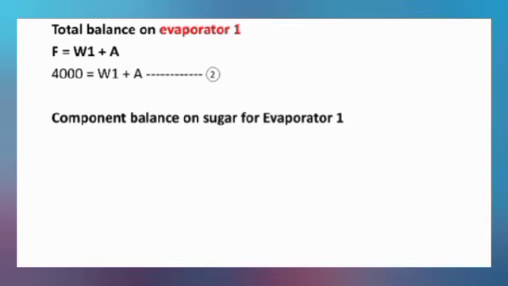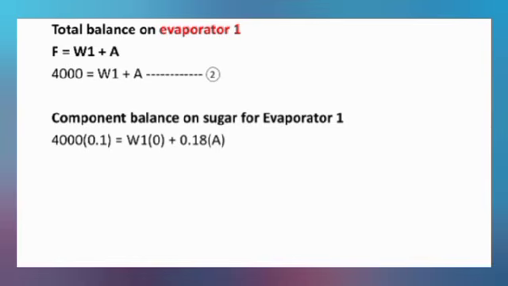So we will move on and then perform component balance on sugar for the same evaporator 1. The amount of sugar present in the feed should be equal to the amount of sugar removed from the product, as well as the amount of sugar contained in the water portion. So the percentage was given to be 10%, so 0.1, and then it's going to be equal to W1 multiplying 0, since we expect the water portion to consist of only water and no other substance.